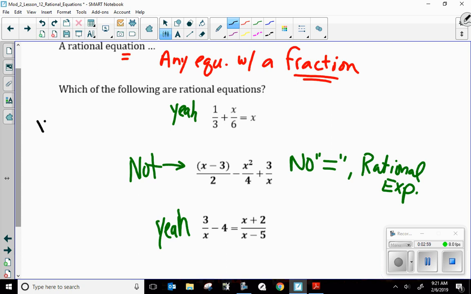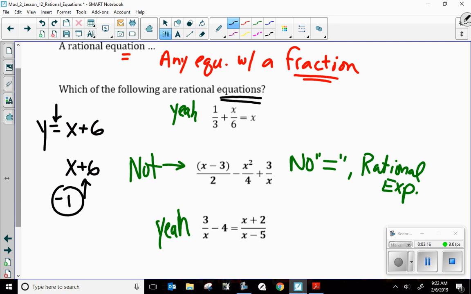And maybe the answer should be y equals x plus 6. There's my equation. The number of people that just put x plus 6, and you've got to get a point taken off, because it is not an equation with an equal sign. That drives me crazy. Equations need an equal sign. On a test, when it says write an equation to model the situation, you better have an equal sign. Don't lose those points. You're too smart to just give them up.